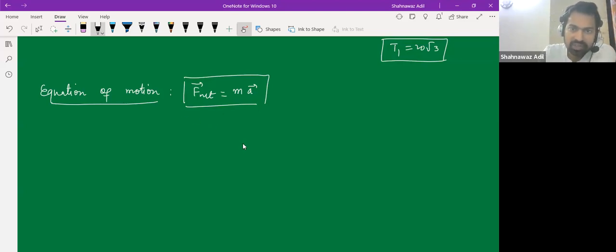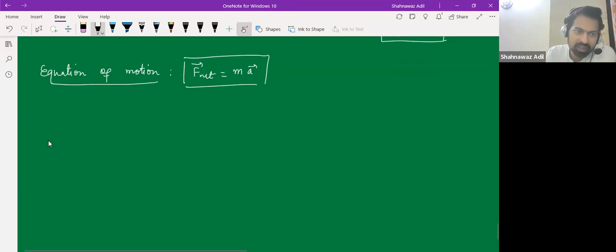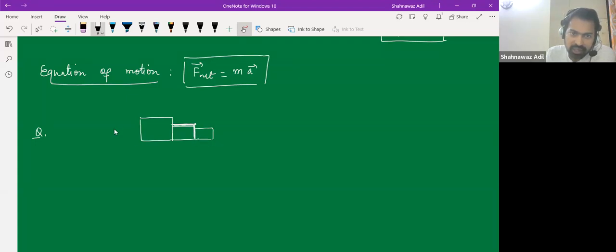Okay, so now let us solve this problem. We have these three blocks, and some force of 10 Newton is applied on this object, which is giving an acceleration to this system.